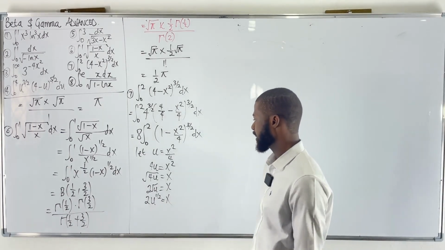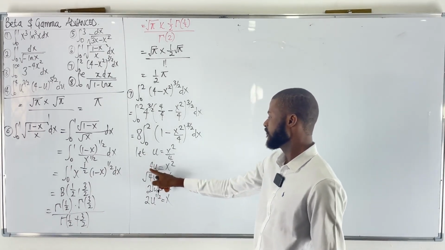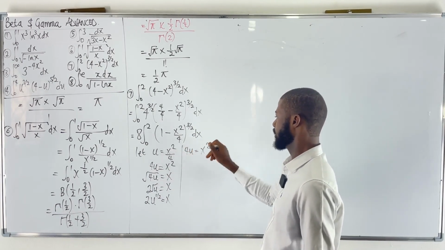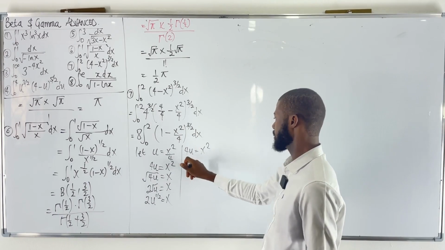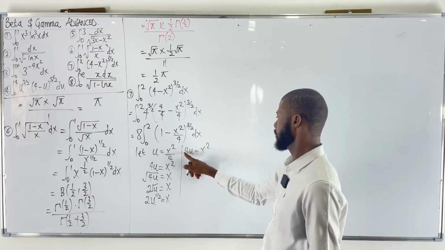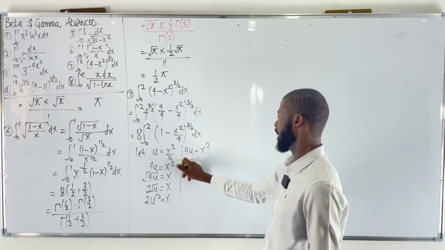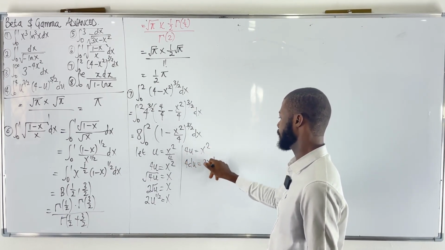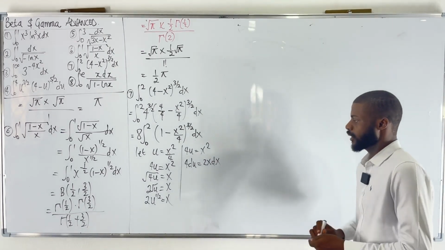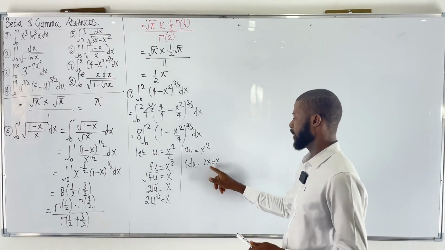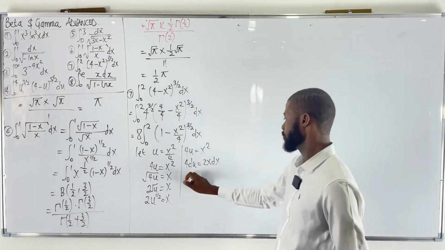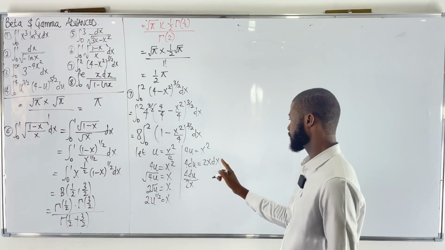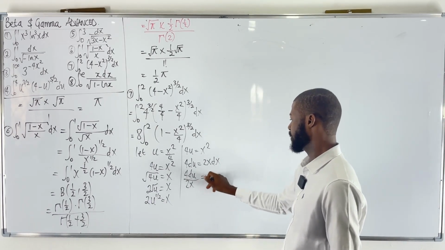Okay, next. If 4u is equal to x squared, I can differentiate both sides. When I differentiate 4u, I'm going to be having 4 du. Differentiate x squared, I'm going to be having 2x, and then you put your dx. Now to make dx stand alone, I need to divide by 2x. So this is 4 du divided by 2x, equal to dx.